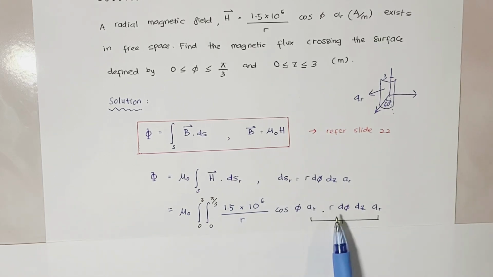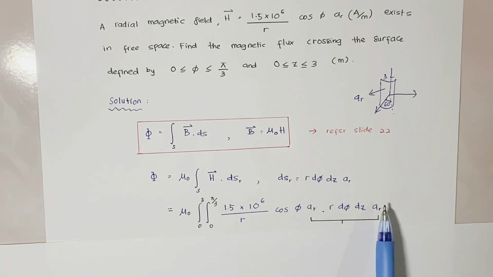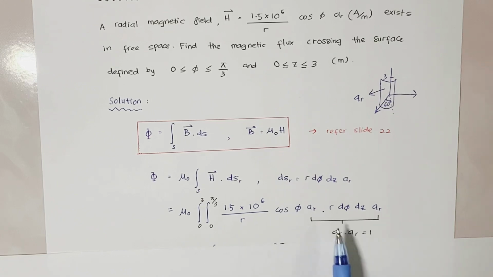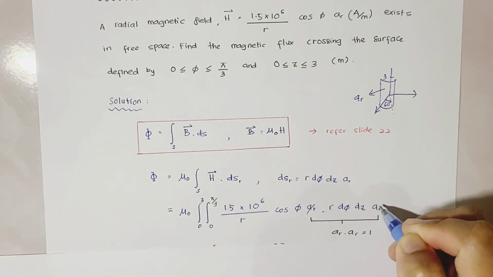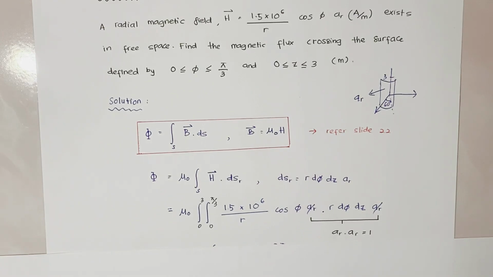And replace also the magnetic field intensity, which is 1.5 times 10 to the power of 6 over R cos phi. Okay, so you know that AR dot AR is equal to 1. So we can remove AR here, and phi is between 0 to pi over 3, and Z is between 0 to 3. And then solve it.